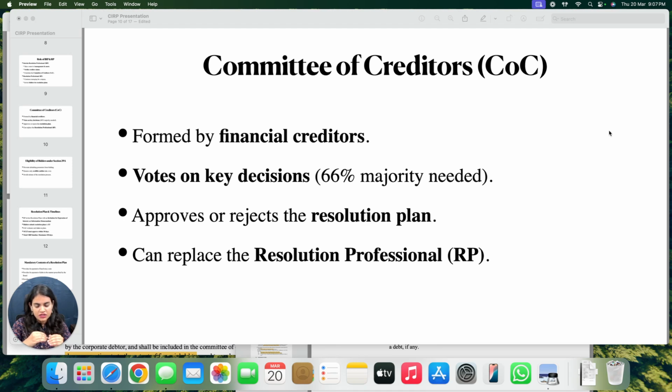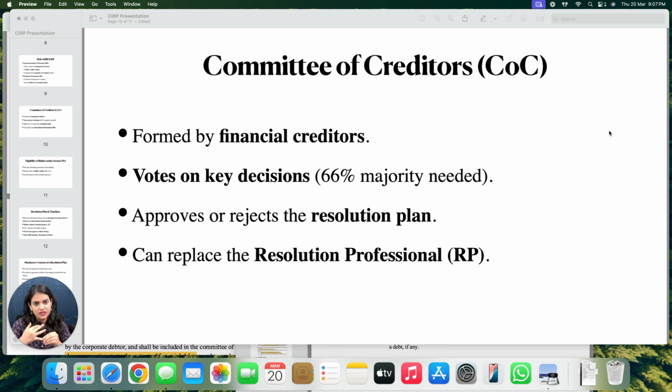Workmen and employees may submit their claims if they are being submitted on an individual basis under Form D. But if there are numerous employees, if it's a large scale organization and there are multiple employees and workmen and they would like to submit their claims as a group put together and name one representative, they may do so under Form E. Form E is essentially a bulk form where all of the employees and workmen can come together and submit their respective claims.